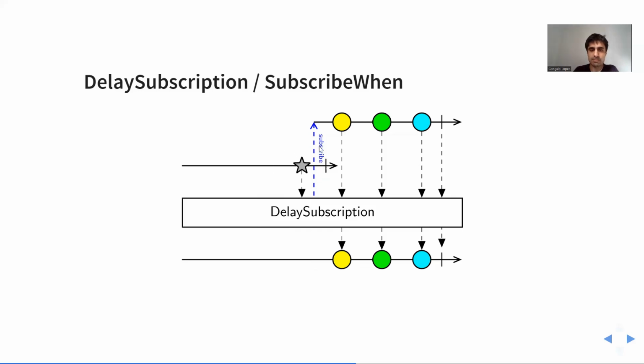And it only subscribes. So instead of subscribing to the sequence right from the beginning and then delaying the items that come in, delay subscription or subscribe when will just shift the moment of subscription. But from that moment on, everything is immediately propagated to the result without any time delays.